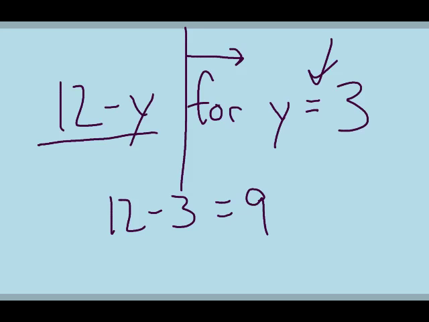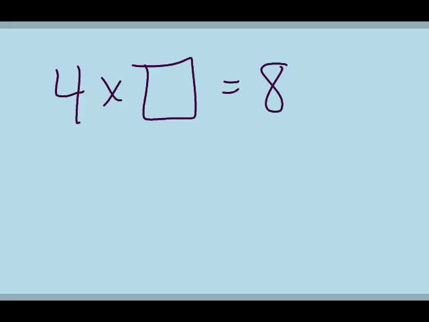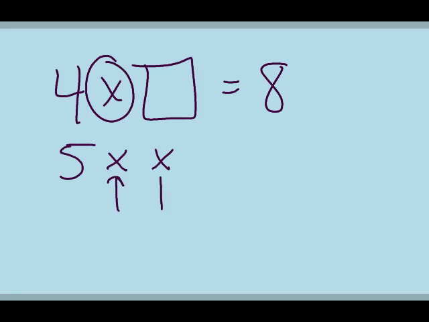Now, a new kind of notation that you will not have seen before is, in the past, your teacher would have said something like 4 times box equals 8, and they want you to figure that out. In variable notation, variable expressions, we never actually use that symbol, and some of you probably see why. If I do 5 times x, you can probably see those are way too close.